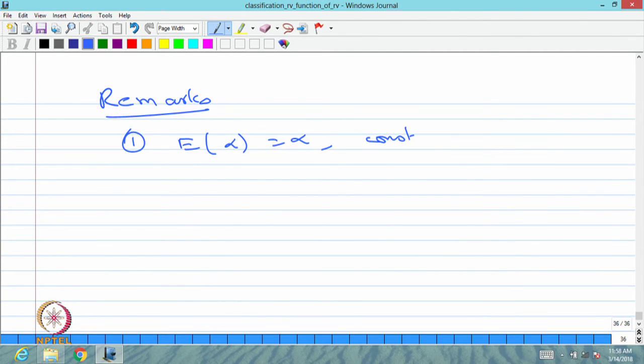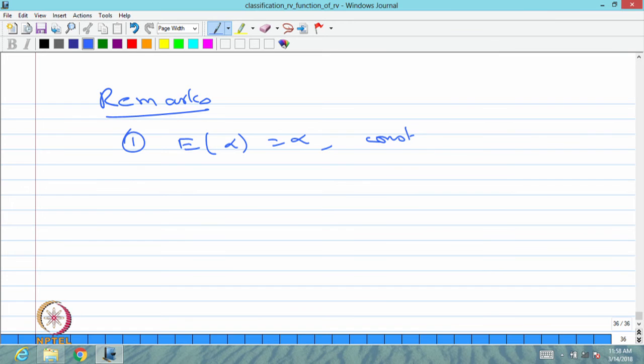Now, we will discuss a few important results for the mean as remarks. The first remark: the expectation of a constant is a constant. If you find the expectation or mean of a constant, that is going to be a constant.